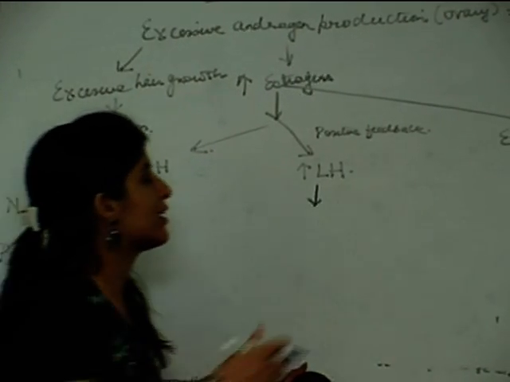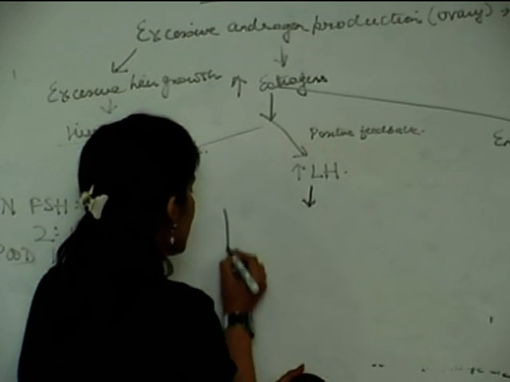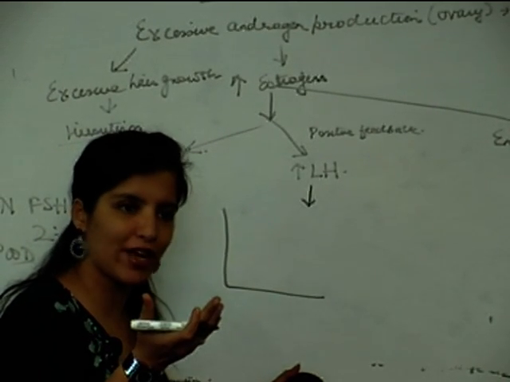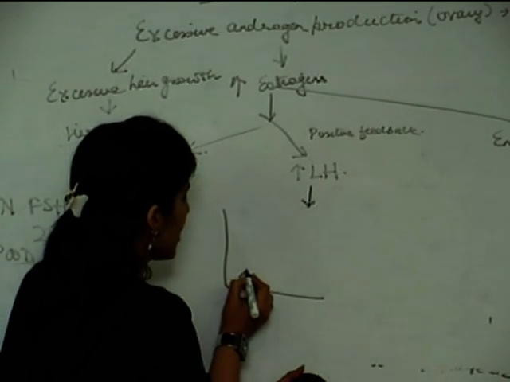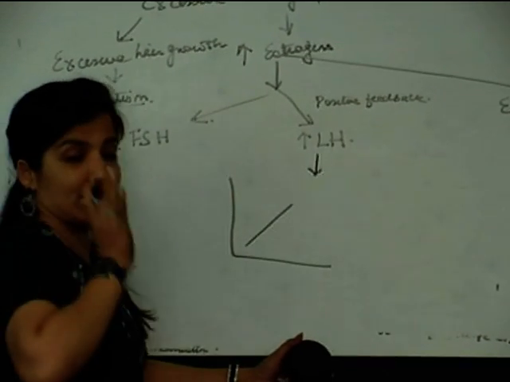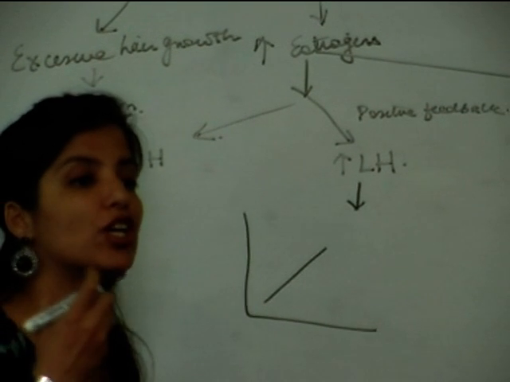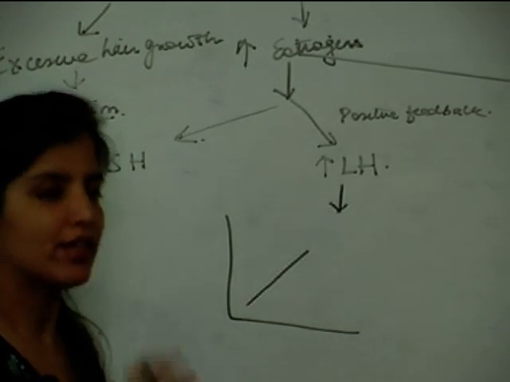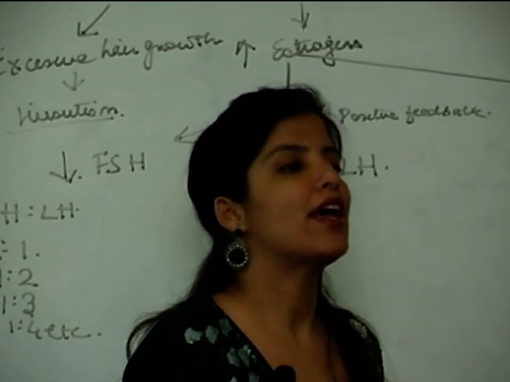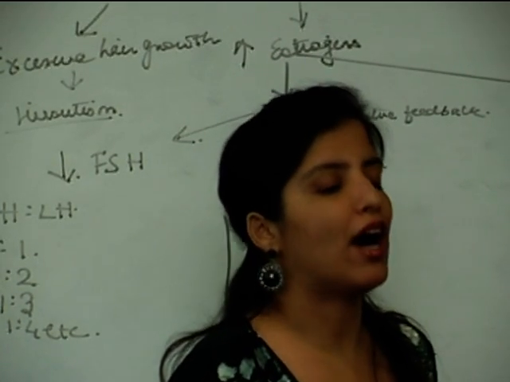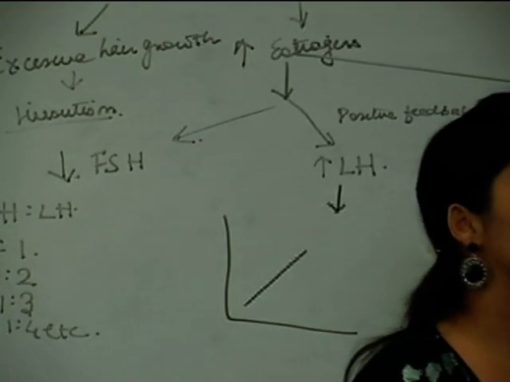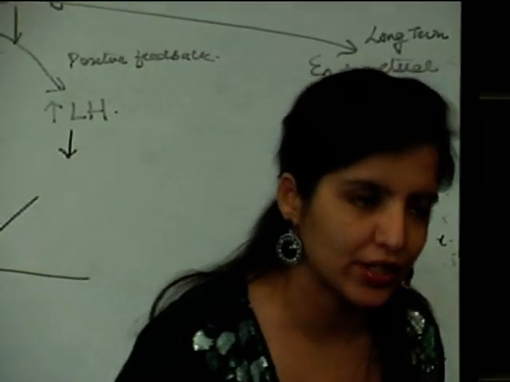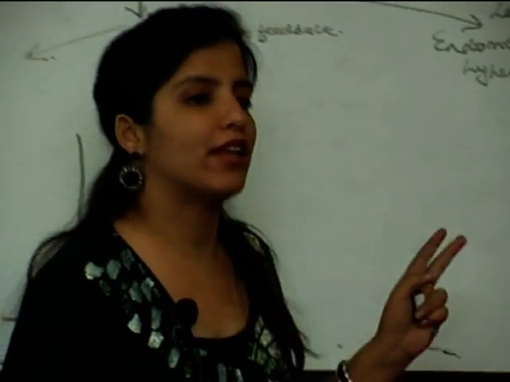In a normal menstrual cycle, estrogen has a positive feedback on LH, so the levels of LH suddenly increase, and there is an LH surge. It is this LH surge which leads to ovulation. Here they ask you one question: ovulation occurs after how many hours of LH surge? After 32 to 36 hours of LH surge, ovulation occurs. If LH surge is absent, there will be anovulation.